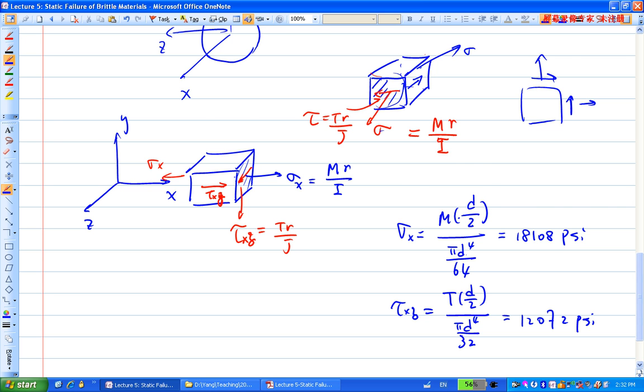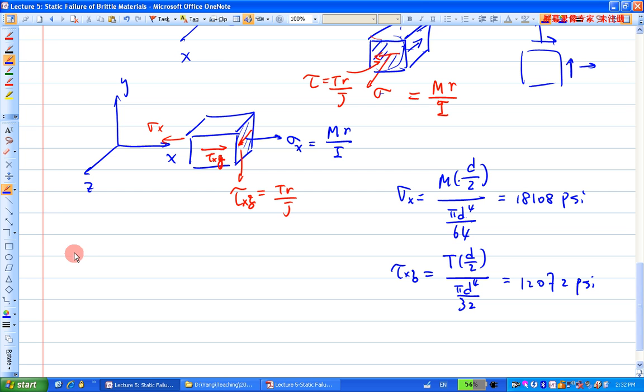In general, what we can do is calculate the two principal normal stresses based on the state of stress here, and the formula you should be able to memorize now. If not, that's okay.